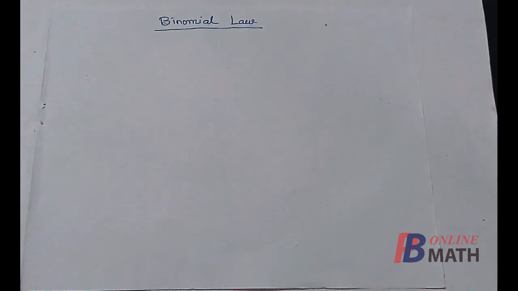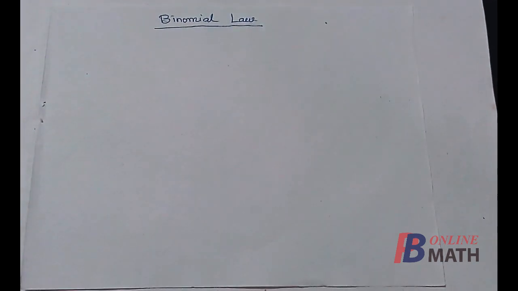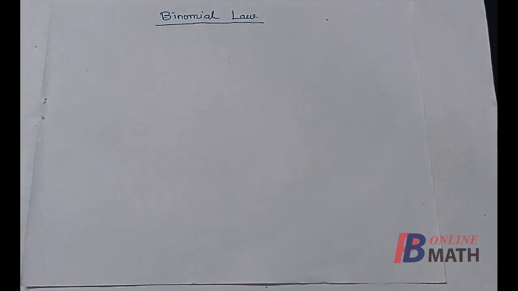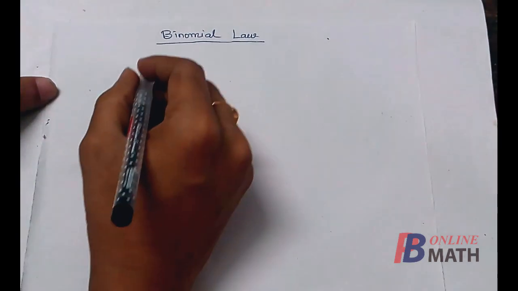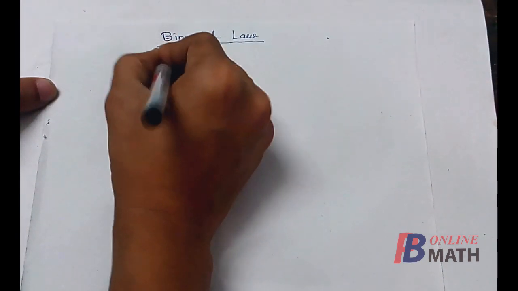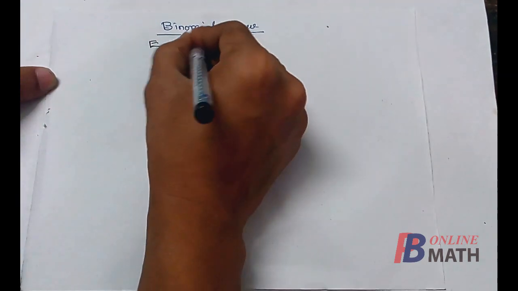The next article is the binomial law. Suppose we have a random experiment which has only two outcomes, success and failure, and we assume that probability of success is small p and probability of failure is q, that is 1 minus p. So we have a random experiment E which has only two outcomes.